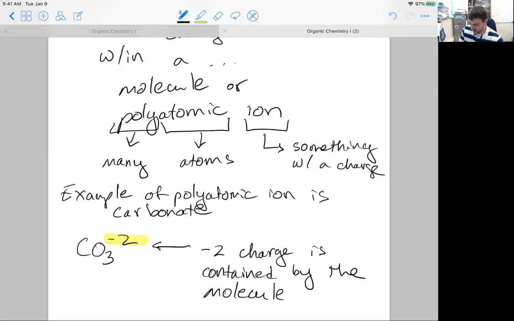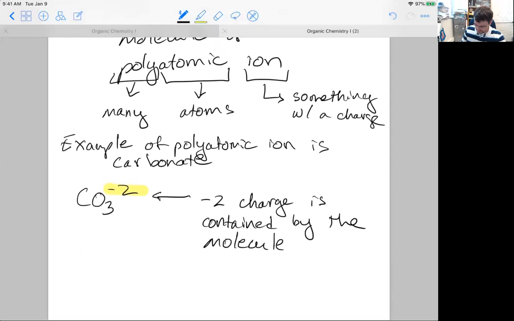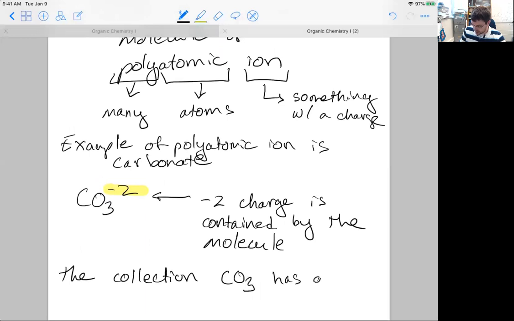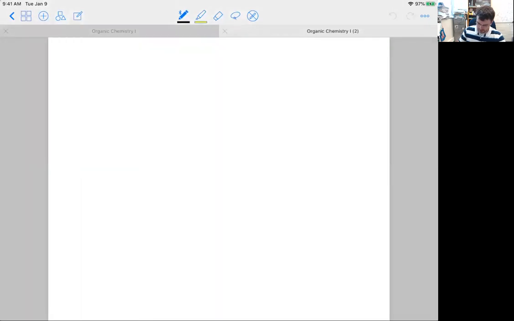Carbonate, CO3, this collection of four elements, has an overall -2 charge. Okay, so let's think about a Kekulé structure of this.